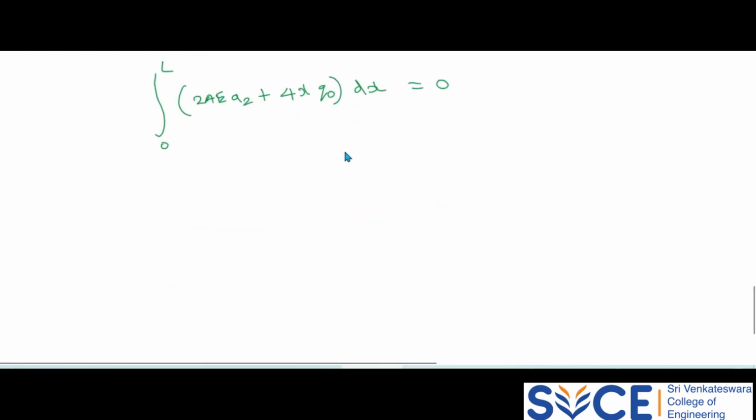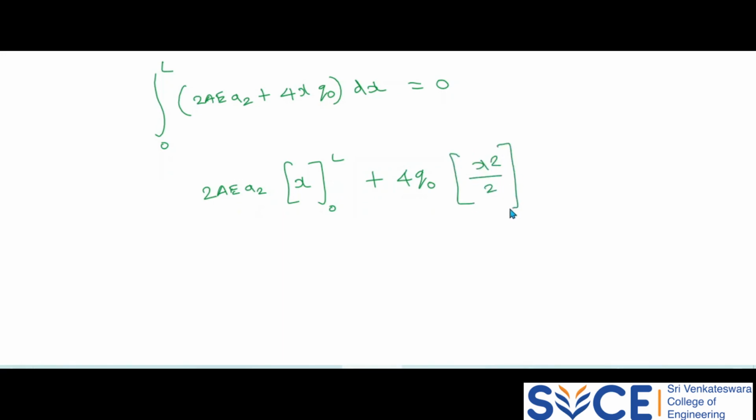So we integrate this. What do you get? You get 2ae a2 into a variable x, and the limit for this variable is from 0 to L, plus 4 q naught, which is the constant. Integrating x, I get x square by 2, with the limit again from 0 to L. This I have to equate to 0.